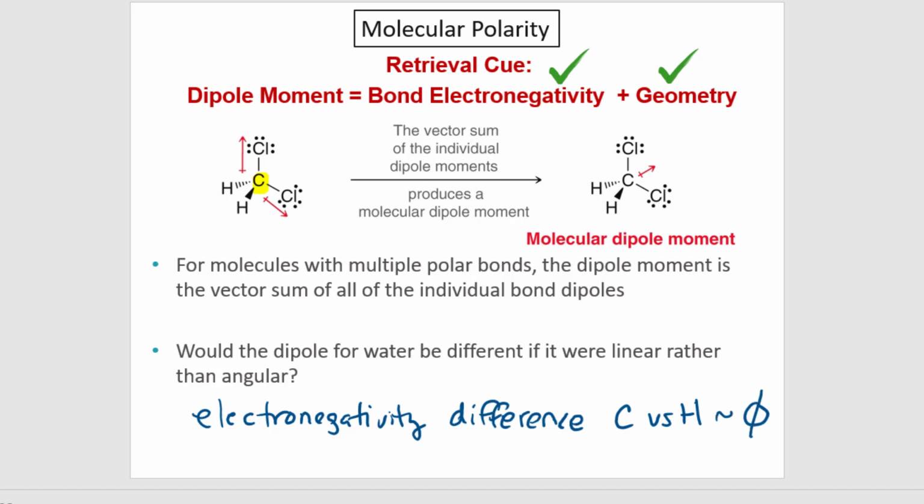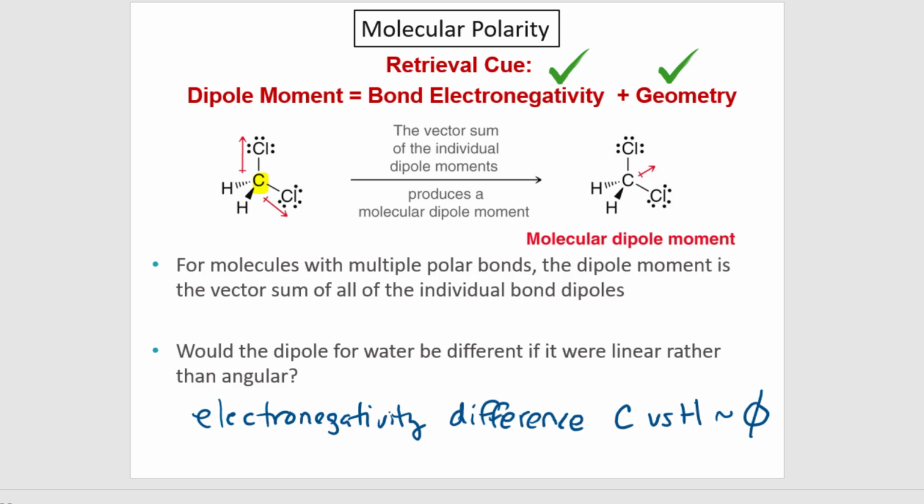So carbon and hydrogen really do not have a polar bond. Okay, it's very minimal. So it's negligible in the face of other atoms paired up with carbon. The difference between carbon and chlorine on the periodic table and their difference in electronegativity is much greater. So we're only going to consider the really big differences.